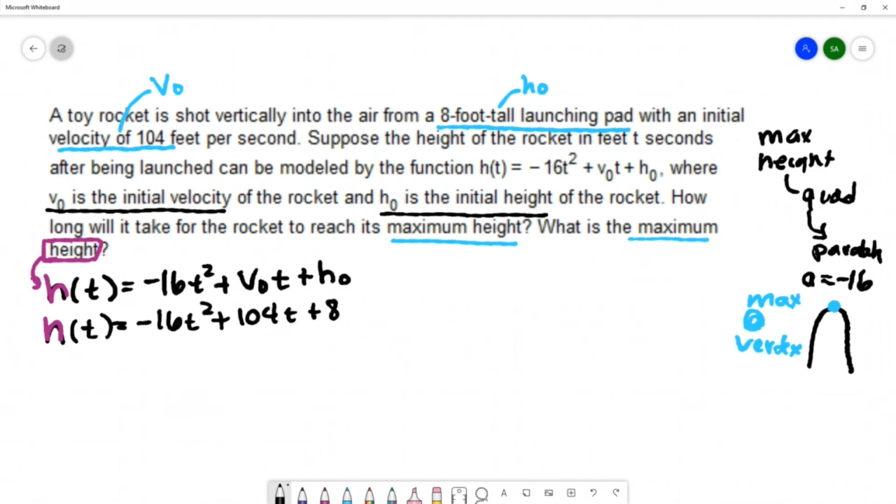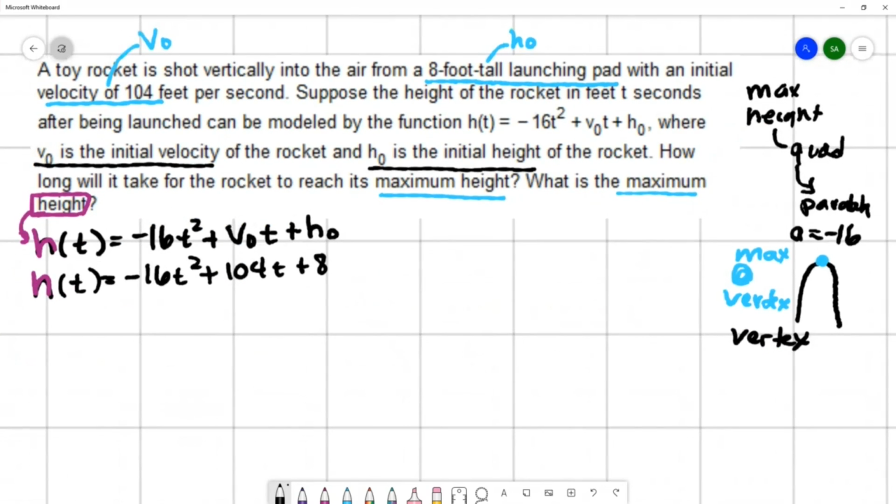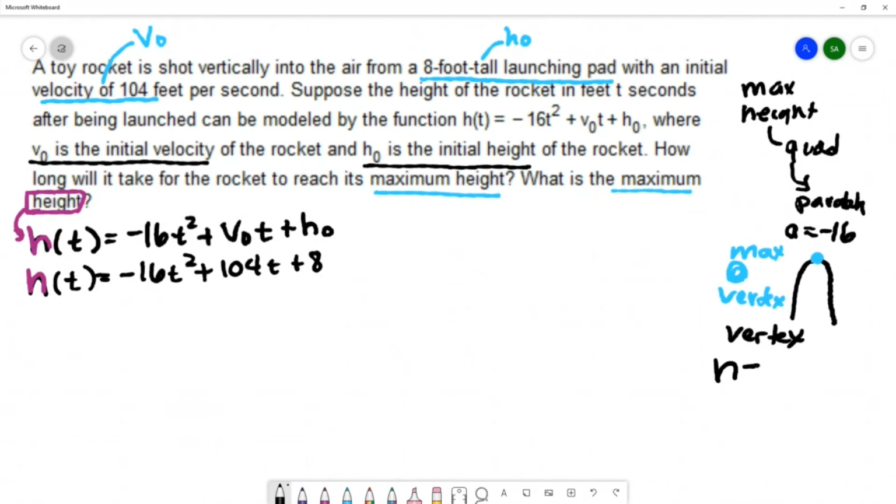We have a formula for finding the vertex, and the formula for finding the vertex is negative b over 2a. That's the x-coordinate of the vertex. And then we have a y-coordinate, and the y-coordinate we can find by substituting the x into the function.